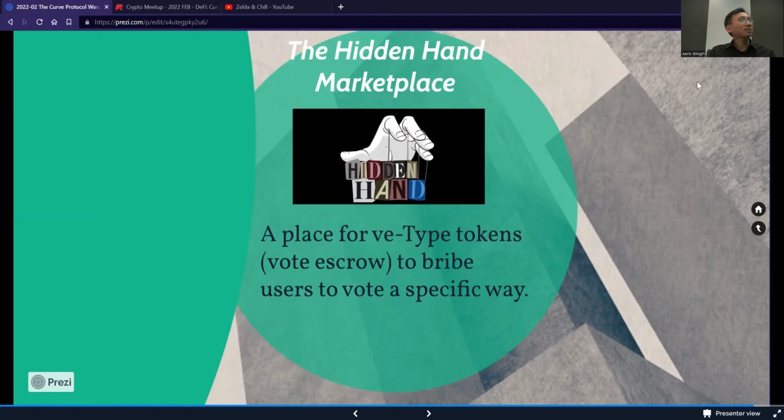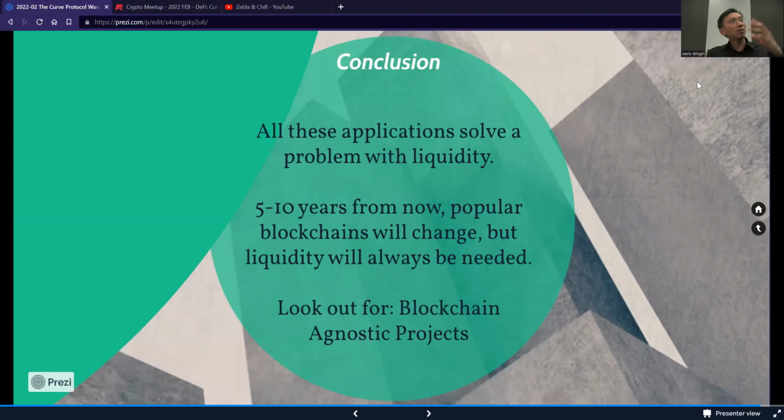Yeah. So the conclusion of all of this is these applications solve the liquidity problem. And 5 to 10 years from now, it doesn't matter what popular blockchain is going to be, either Ethereum or Bitcoin or whatever is going to have popularity, it could be Solana or whatever, right?